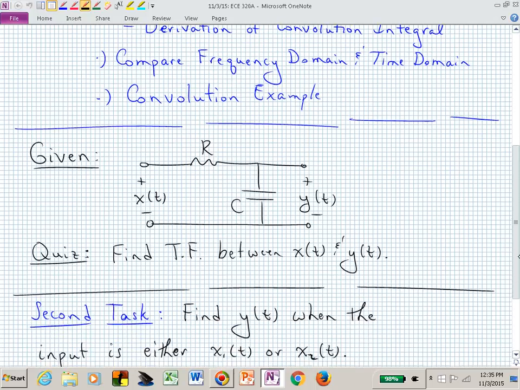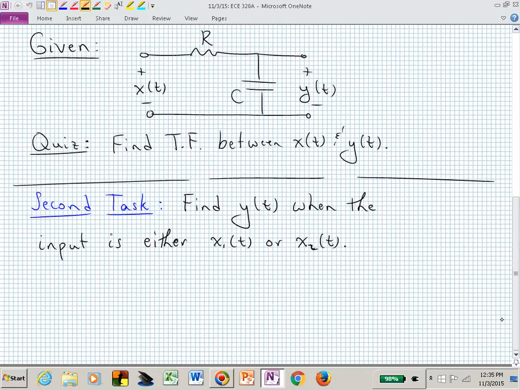Now that you have that, here's the second task.